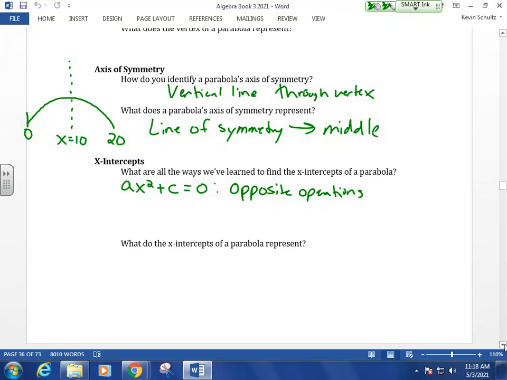That's from PO59. Another one from PO55, ax squared plus bx equals 0. So there's no constant, but we have 2 x terms, so we can't use opposite operations here. What method do we use instead?